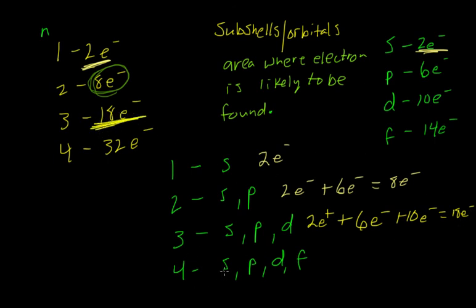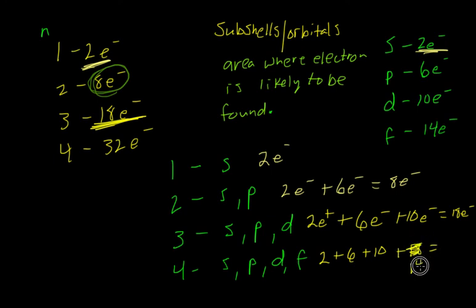And in the fourth energy level we've got S, P, D, and F. So that's 2 electrons plus 6 electrons plus 10 electrons plus, sorry, this should not be 18.